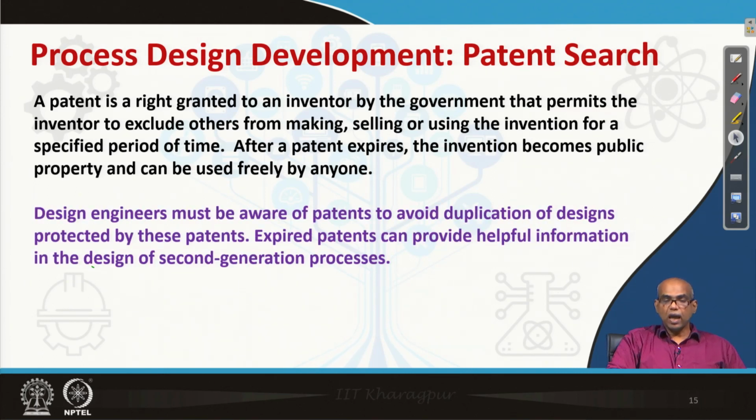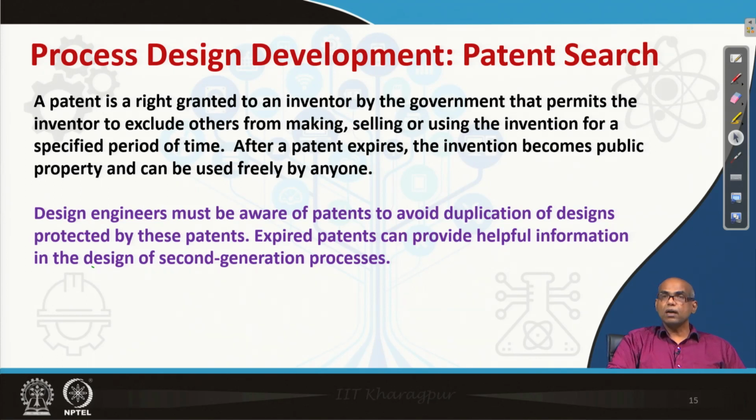Design engineers must be aware of patents to avoid duplication of designs protected by these patents. So, we must not duplicate designs that are already patented. After the expiry, which may be say typically 16 years, 15 years, for some products 20 years, the expired patents can provide helpful information in the design of second generation processes.